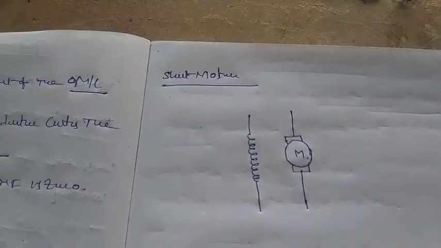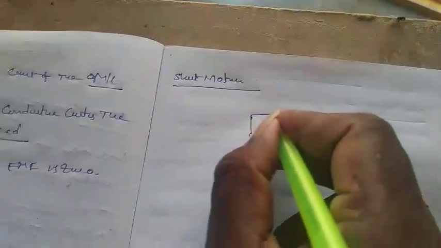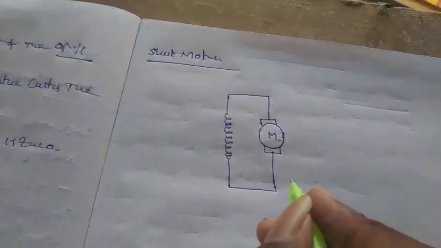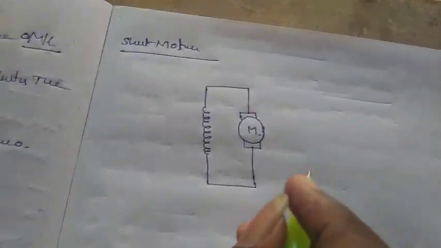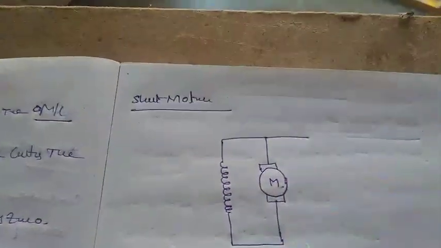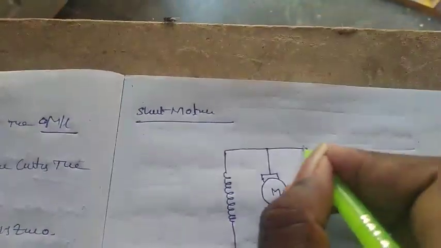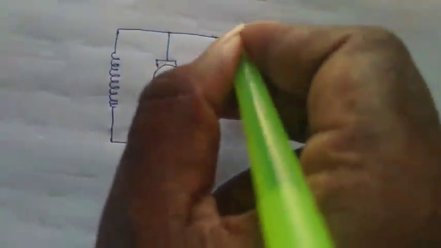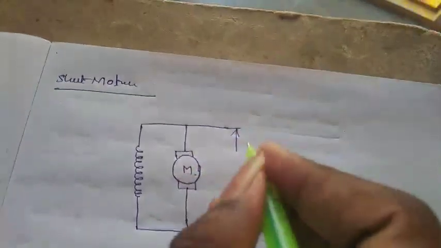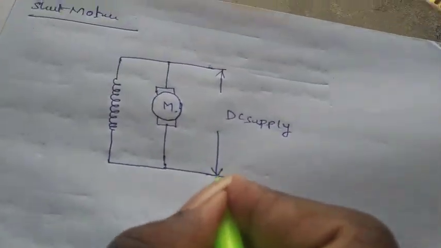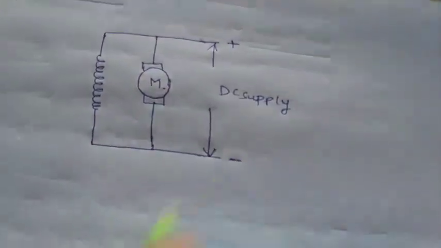That shunt field is connected parallel to the armature. And given here, the motor is like that, given DC supply, that is plus minus.